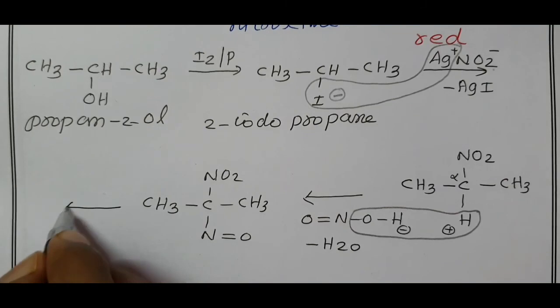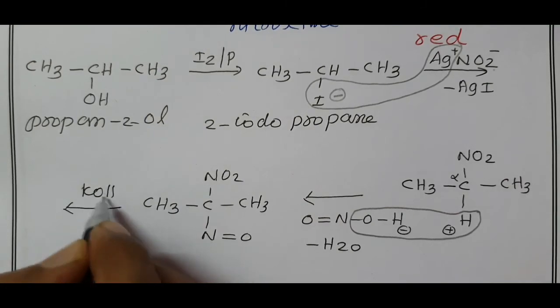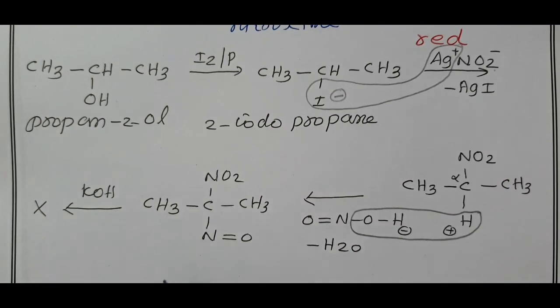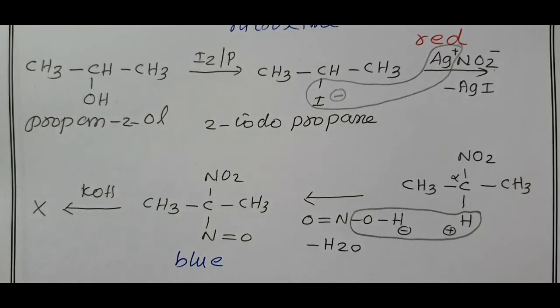When treated with potassium hydroxide, no reaction takes place because potassium hydroxide is a base, and a base only undergoes reaction with an acid. Here there is no acidic hydrogen, therefore no reaction. But the color of this compound is blue. Generally, in the Victor-Meyer test, secondary alcohol gives blue color.